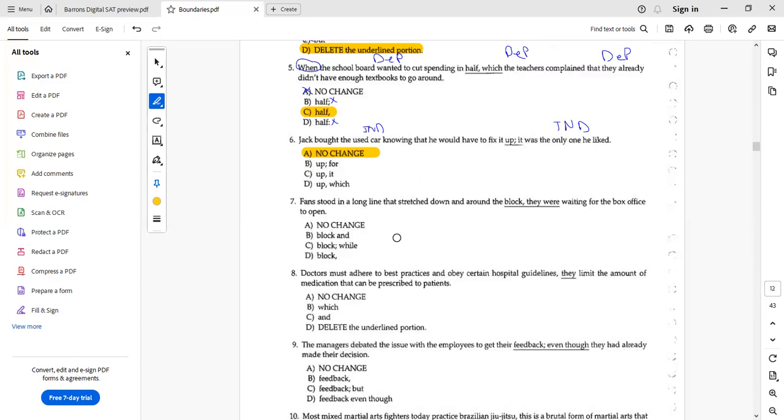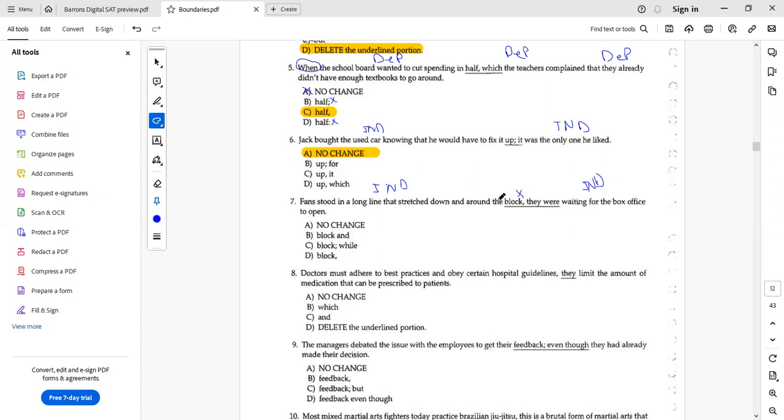Number 7, that most of you will make wrong: fans stood in a long line that stretched down and around the block. All of this is independent. They were waiting for the box office to open, also independent. Between them, a comma alone is wrong. A conjunction alone is wrong.